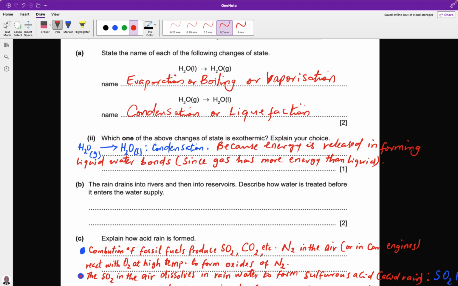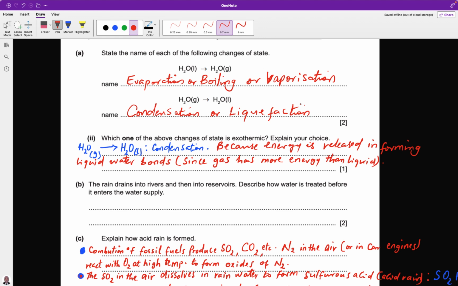And the second part of it. Which one of the above changes of state is exothermic? Explain your choice. When you say which one of the above changes is exothermic, exothermic means energy has been lost to the surrounding.